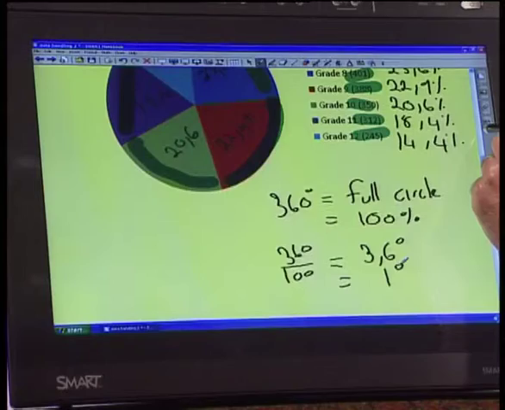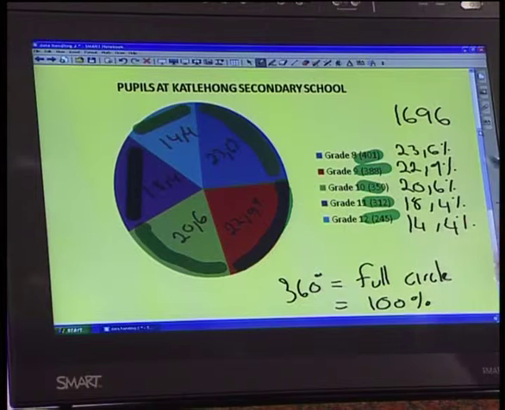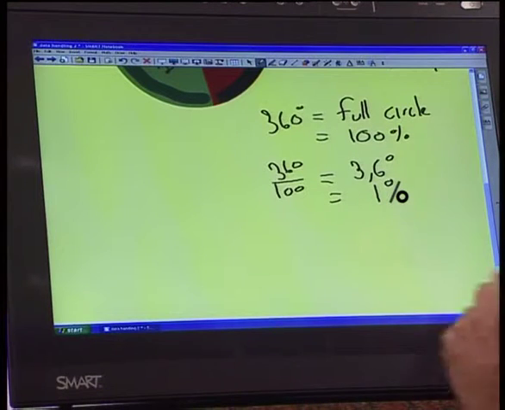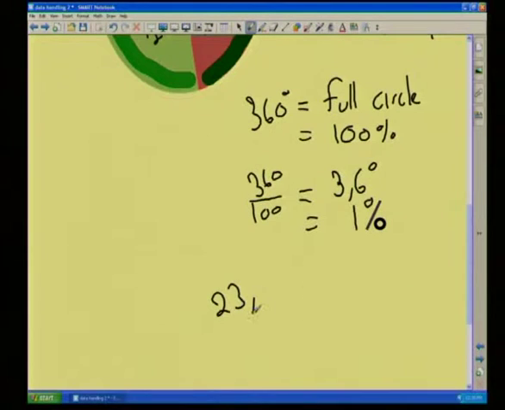Well, we've been given some percentages already, 23.6%. If 1% is 3.6 degrees, 23.6% will equal 3.6 degrees times the 23.6. Let's do that on the calculator.